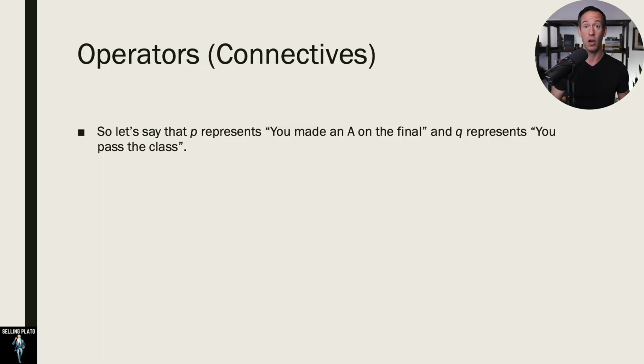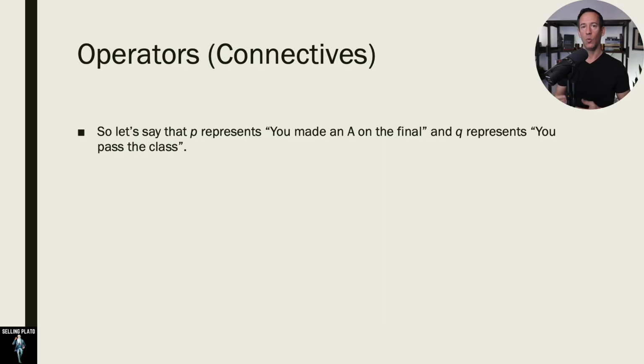All right, so let's talk about operators or connectives. You might see the word connective used instead of the word operator in other logic textbooks. Again, those are going to be pretty synonymous. So let's get into it. Let's say that P, just the letter P, represents "you made an A on the final." So P is going to represent that statement.